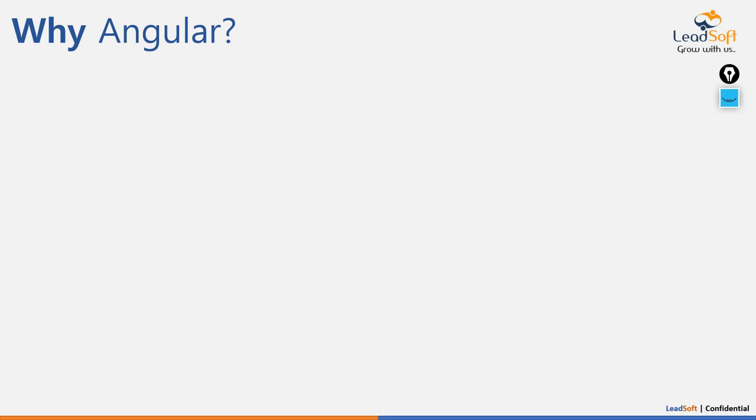So Angular has so many reasons to use it. Likewise, it's a kind of TypeScript framework, written in TypeScript, and definitely it is used for dynamic web content. But when it comes to the concept, Angular has many more reasons. Out of those, the very important reasons we have put here in front of you, so let us understand them one by one.